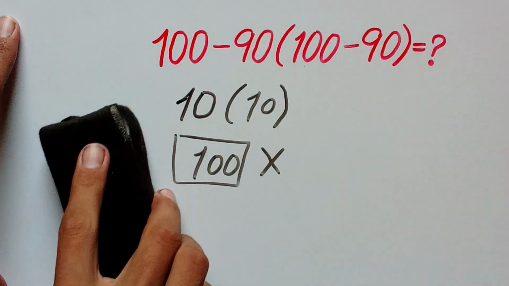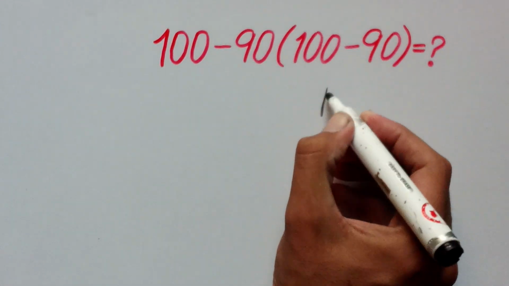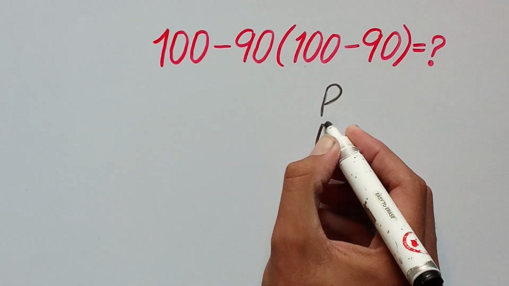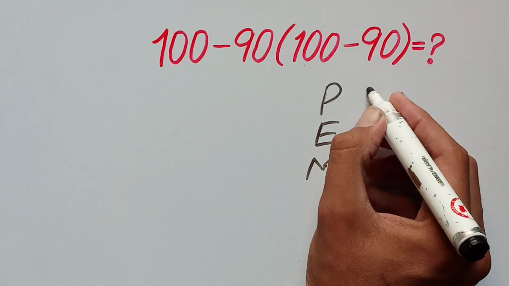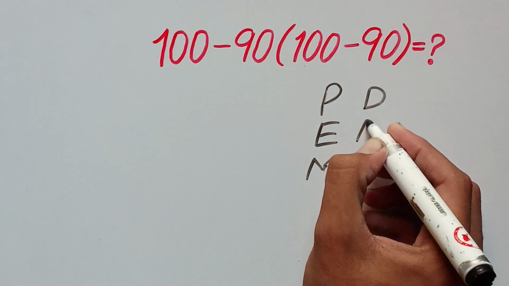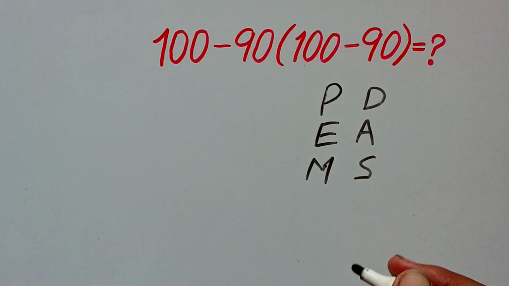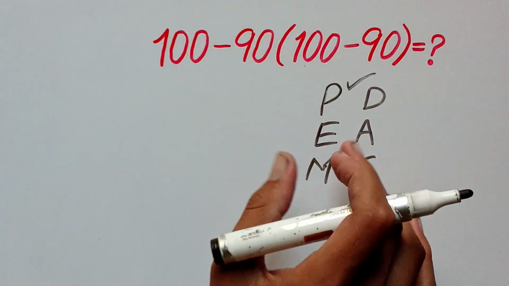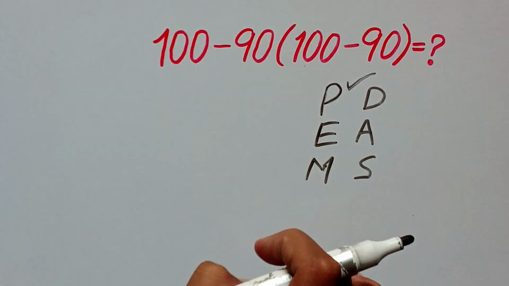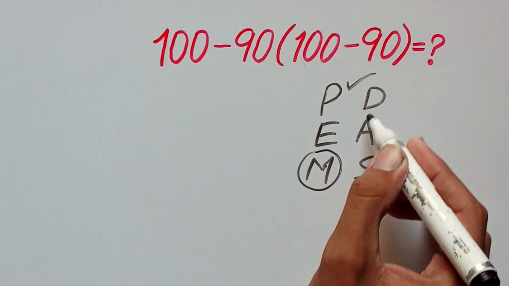Guys, according to the rule of PEMDAS, P stands for parentheses, E stands for exponent, M stands for multiplication, D stands for division, A and S stand for addition and subtraction. According to this rule, firstly we solve parentheses because parentheses have higher priority than other operations.